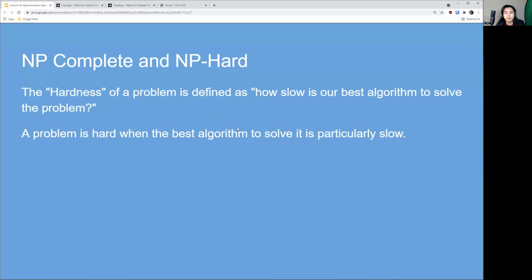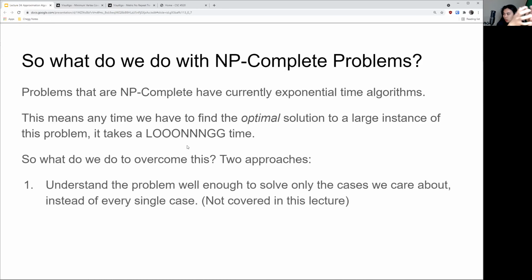So we take our initial problem, which is an NP complete problem. It's super hard. The algorithm that solves it completely in general will take O of 2 to the n to solve at least, and that's really slow. Well, one way to deal with this is maybe instead of solving the entire problem, we just solve a specific instance of that problem or a specific subset of the types of inputs you can put in.